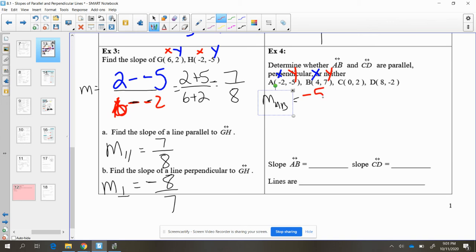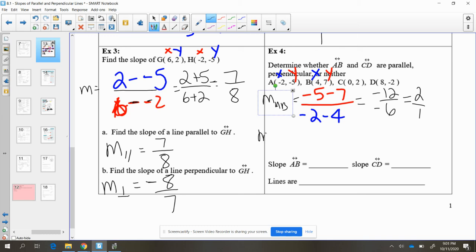So negative 5 minus 7 for the subtracted y values, negative 2 minus 4 for the subtracted x values. Negative 5 minus 7 is negative 12, negative 2 minus 4 is negative 6, and the two negatives will cancel, and we will be left with positive 2 over 1, or just 2.